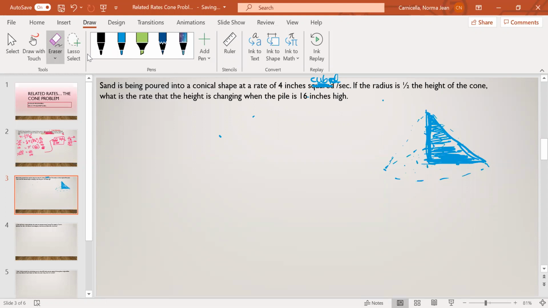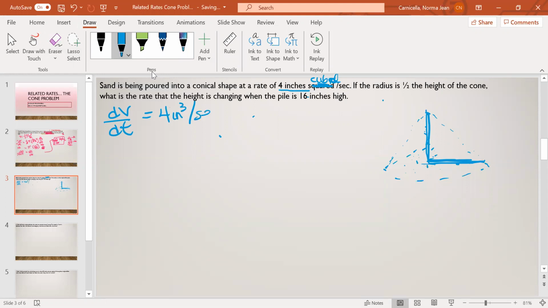I know that dV/dt, it's telling me right here, is equal to 4 inches cubed per second.